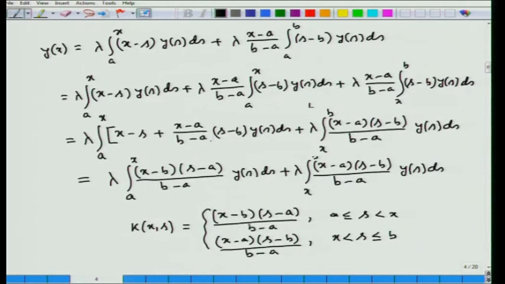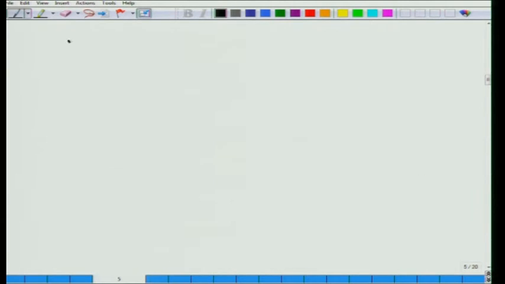If we define the kernel in this format, then we can write y(x) as the sum of these two integrals, y(x) equal to lambda times the integral from a to b of k(x, s) y(s) ds.